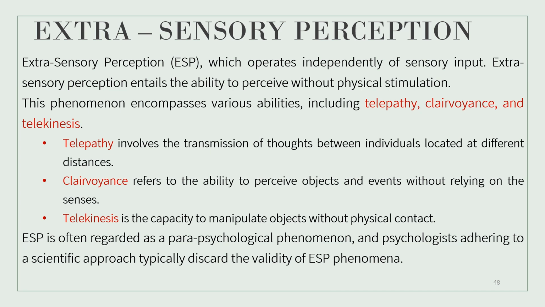It involves the transmission of thought between individuals located at different distances by no means of physical stimulation or physical transmission. Clairvoyance refers to the ability to perceive objects and events without relying on the senses. Telekinesis is the capacity to manipulate objects without physical contact.